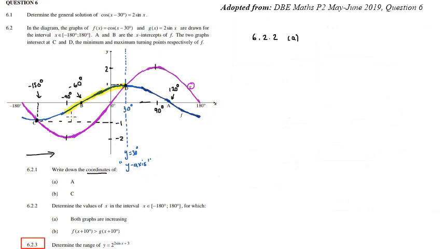From that x value of -90 degrees, the function g is also increasing in y values. It carries on increasing right up until we get to 90 degrees. But the problem is that while it carries on increasing, the function f decreases. So we can't take that interval.